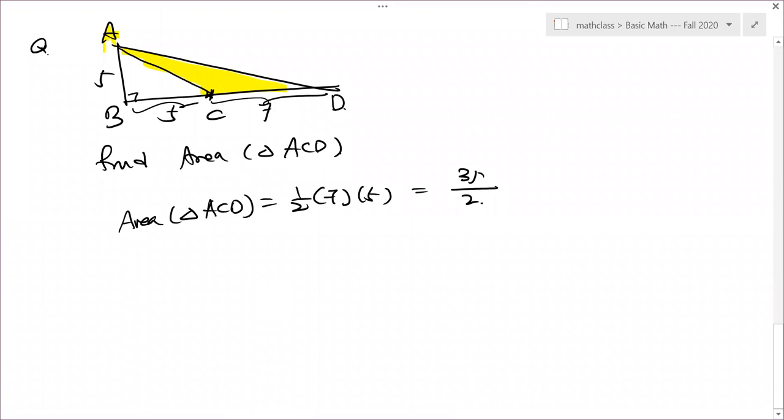All right. So now I'm going to introduce two formulas. One is called the Pythagorean Theory.